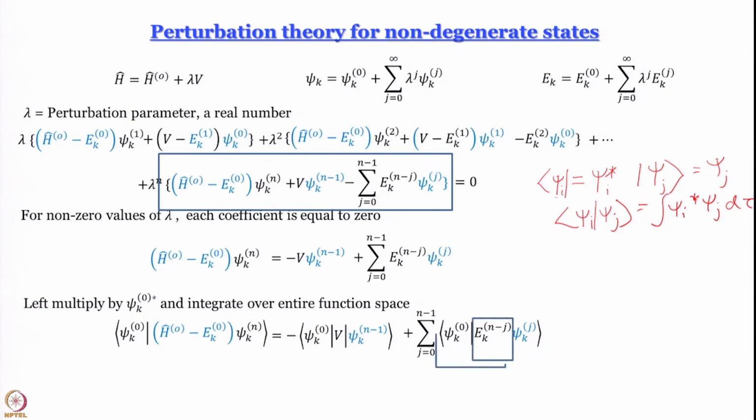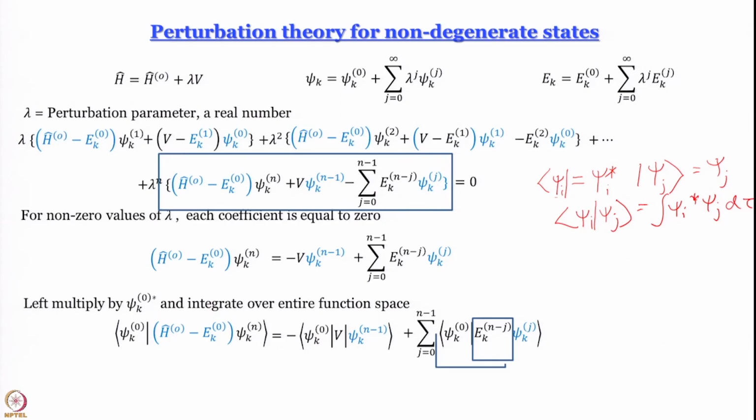We understand that this E_k^(n−j) is a constant, a value of some correction to energy, it is a number. So I can bring it outside the integral, but not outside the summation sign. We are summing over j, and here we have n minus j, so we cannot bring it outside the summation, only inside the summation but outside the integral. The good thing is then the integral becomes ψ_k^(0) ψ_k^(j), and as we will see that simplifies to a very beautiful expression.